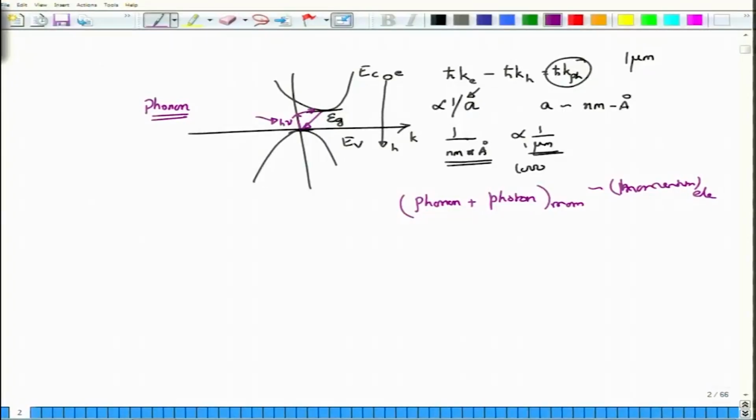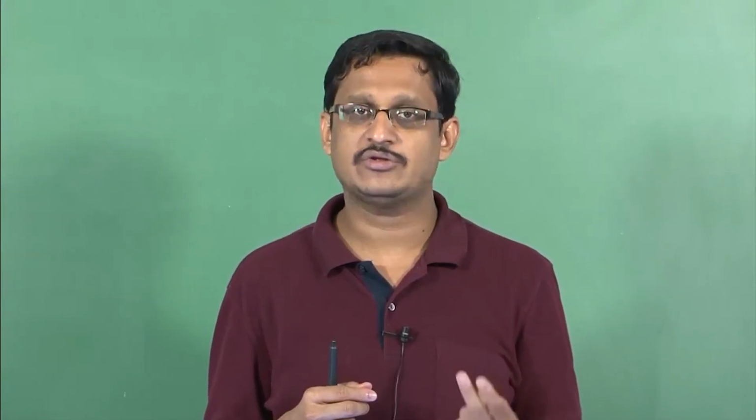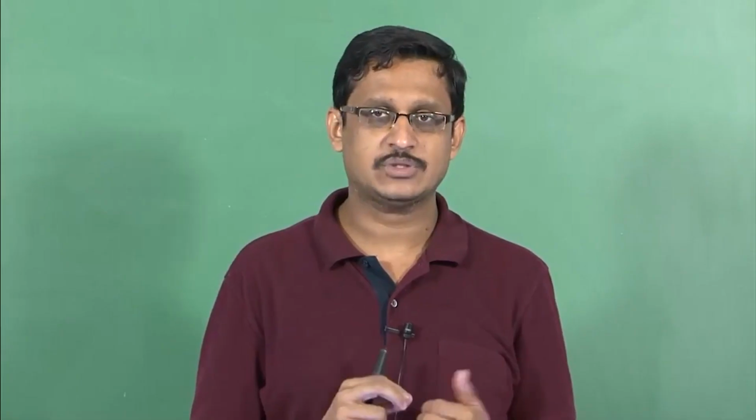In most cases in these indirect band gap materials, this transition is not preferred simply because the transition requires phonon assistance, and therefore this is a second order transition, whereas in the direct band gap it is a direct first order transition. If you go to quantum mechanics, it will tell you that second order transition events are much rarer compared to the first order effects.